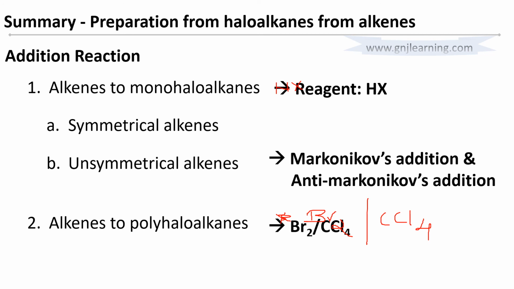If it is a double bond, you will get a vicinal dihalide. If it is a triple bond, you will get geminal and vicinal dihalides. Geminal means two halogens on the same carbon atom. Vicinal means a halogen atom on adjacent carbon atoms. Clear? So this is what we have learned in this part. Okay, thank you.